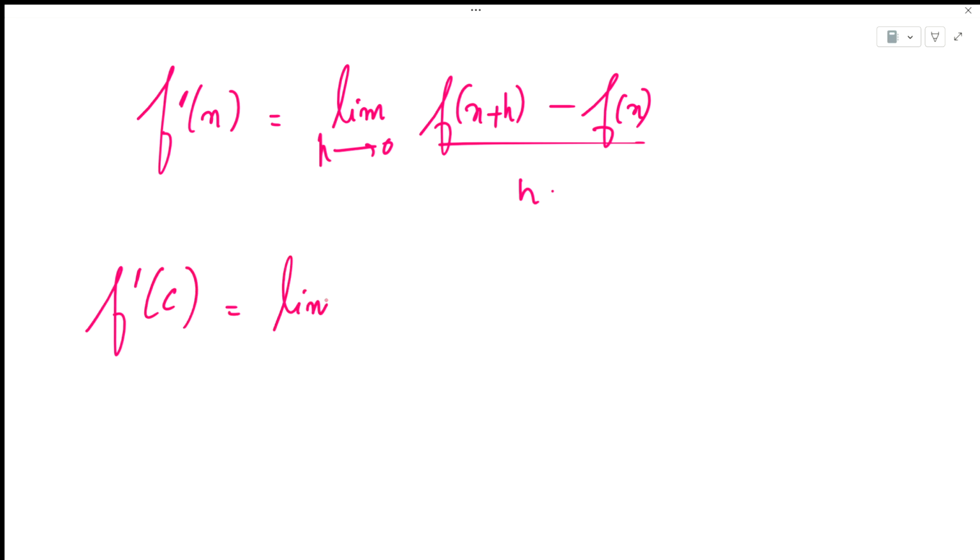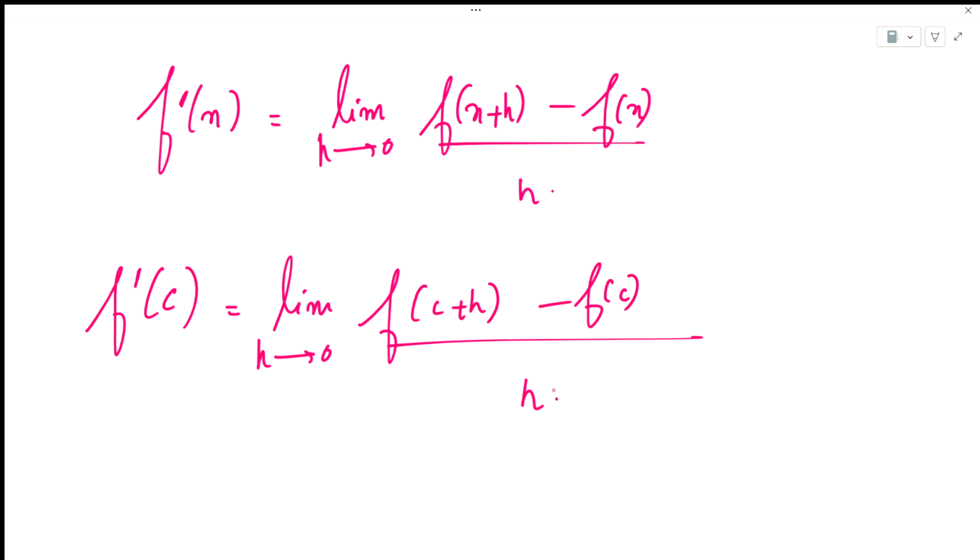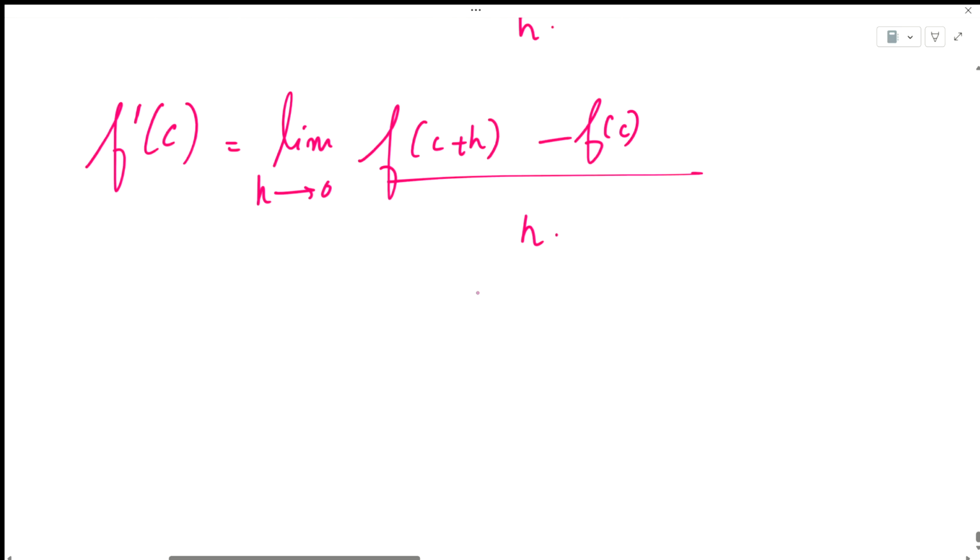This is limit h tends to 0, f of c plus h minus f of c divided by h. So you see we have this question over here. We have to find the derivative of 99x at x equal to 100. F of x is equal to 99x.